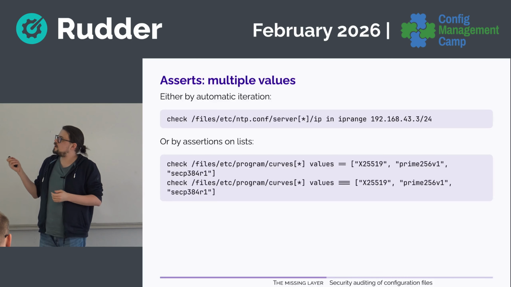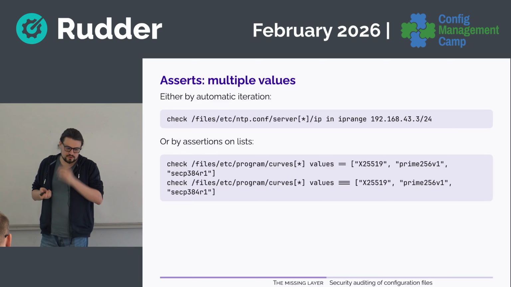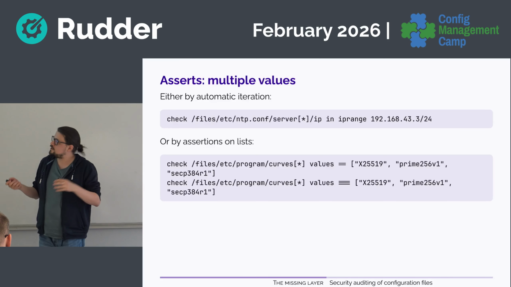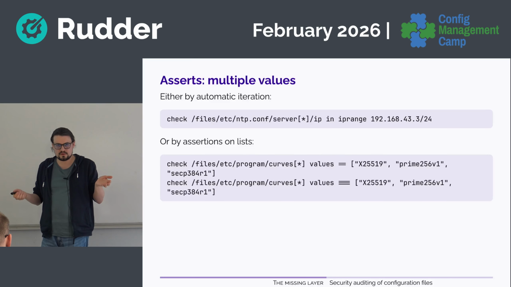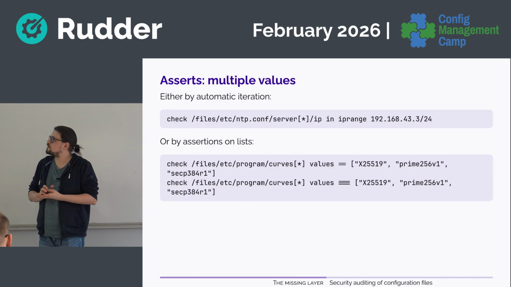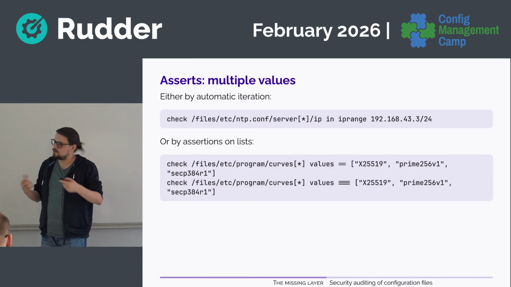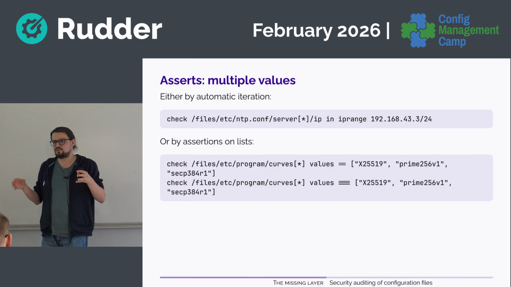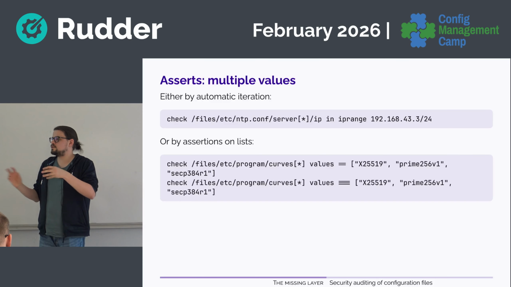And we have another type of assertions which is actually needed, and it's the ability to make assertions on lists directly. In a lot of contexts, you can have configuration files containing a list, and you may want this list to be a subset of another list, or to be equal to a list, but regardless of the order.